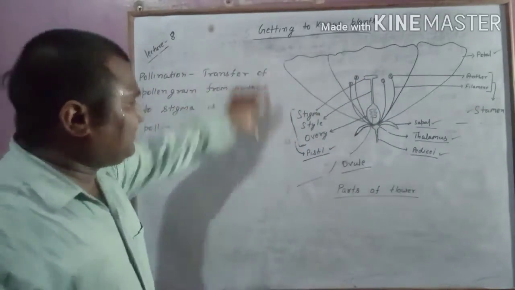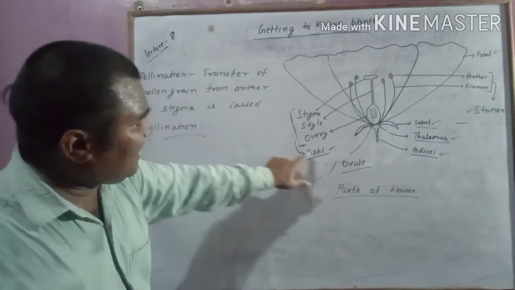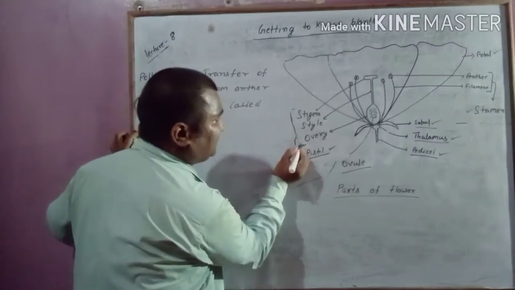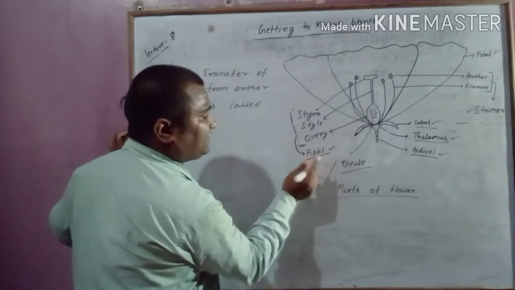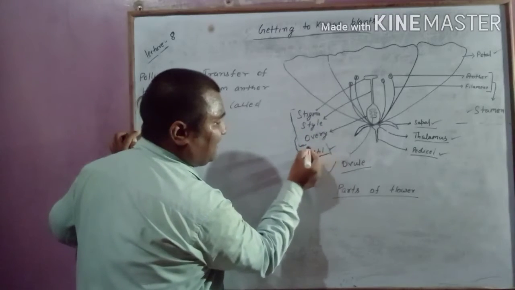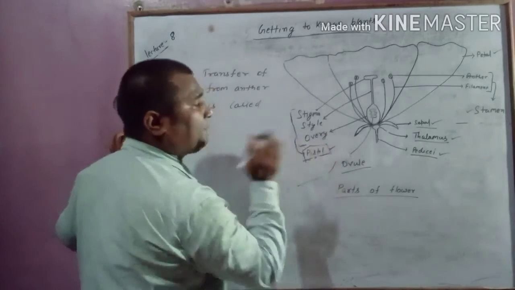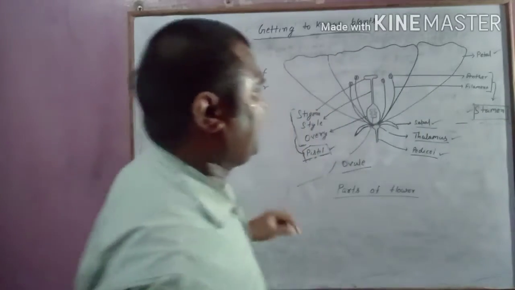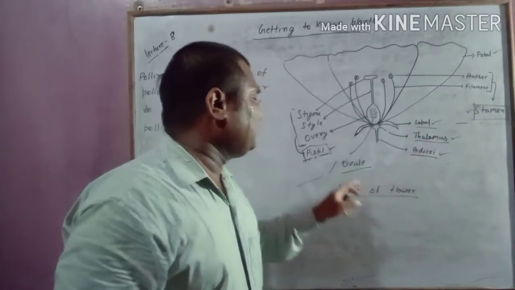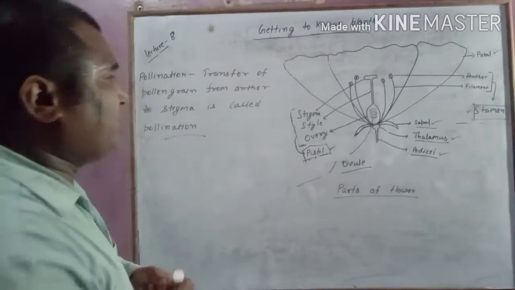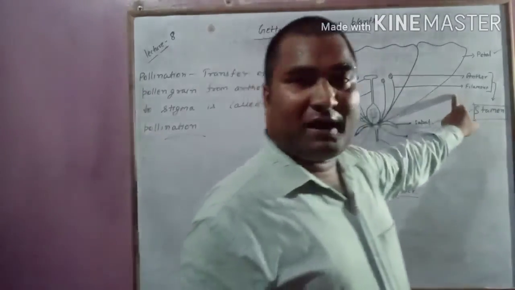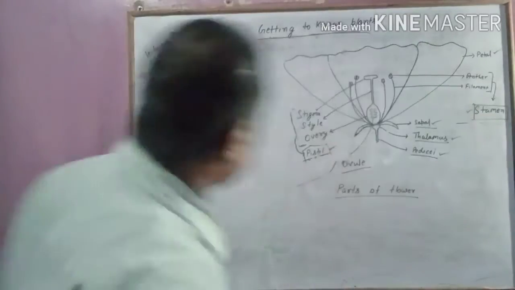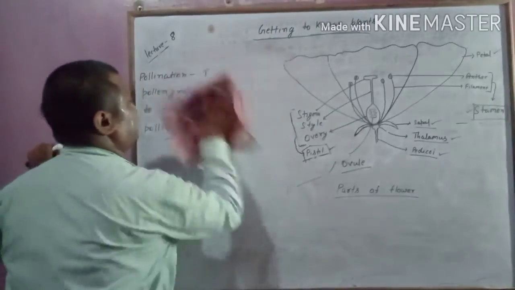Stigma, style, and ovary together are called pistil, which is the female reproductive part, and stamen is the male reproductive part. We will see the male reproductive part, stamen, and the pistil.